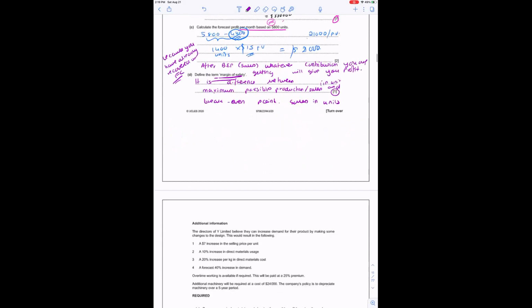It is the difference between two things: maximum possible production or sales, and break-even point. So margin of safety is the difference between maximum possible production or sales in units and break-even point sales in units. It is for 1 mark. This will give you 1 mark.